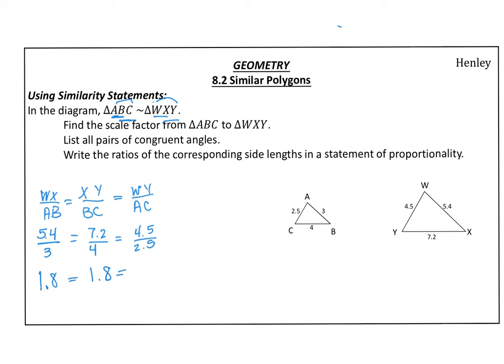Now, the next one is 4.5 divided by 2.5. And if you put that into your calculator, it simplifies to 1.8. So that's going to tell us that our scale factor is going to be 1.8. So you would take everything in the first shape, all the sides, and you would multiply it by 1.8 to get the second one.